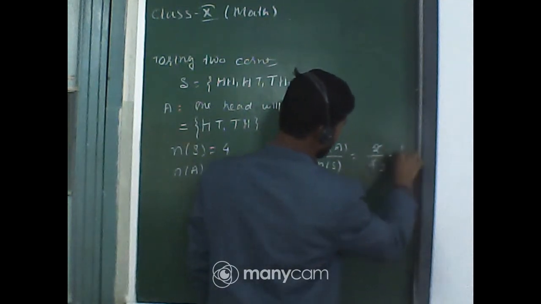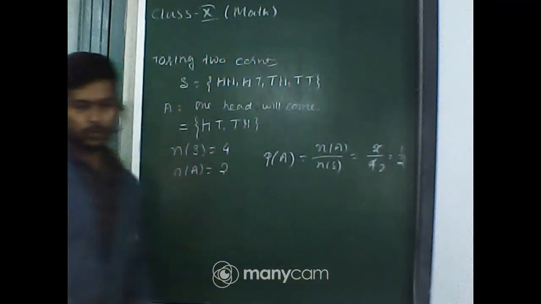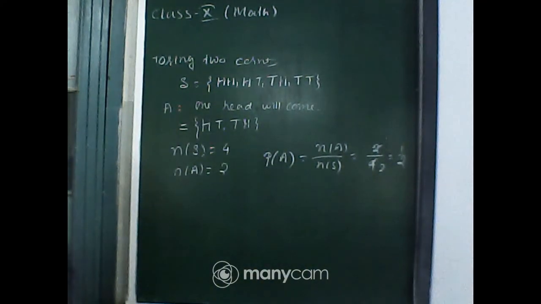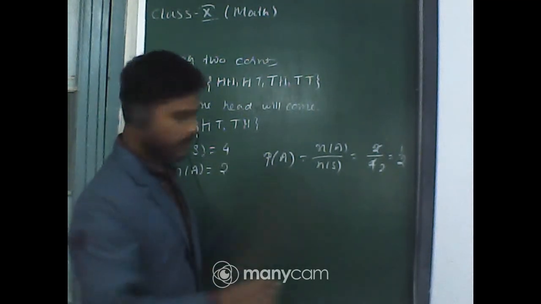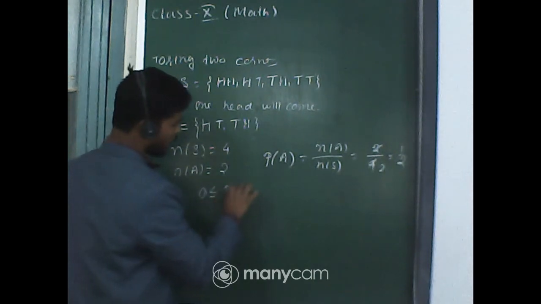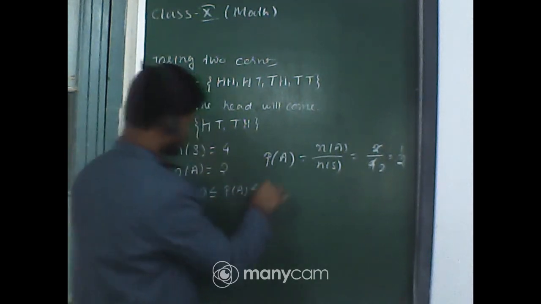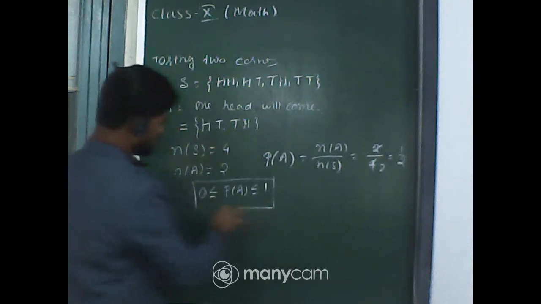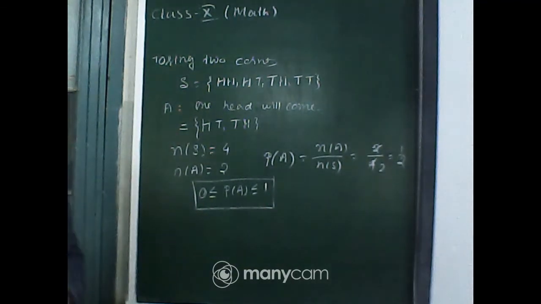So that is 1 by 2. So the required probability is 1 by 2. And note one thing, the value of the probability is always greater than or equal to 0 but less than or equal to 1. The value of the probability will always lie between 0 and 1.